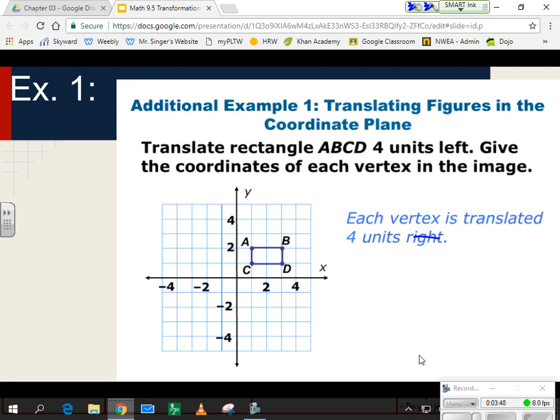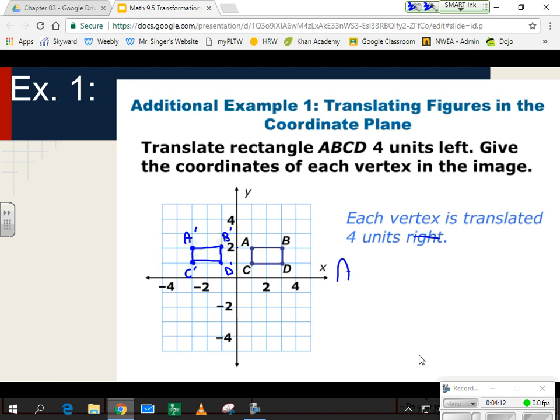So if we go to the left, A 4 times, 1, 2, 3, 4, this is A prime. B prime is going to move over 4 times, and it lands here. So that's B prime. C would move the same distance as A, just 1 down. That's C prime. And D would be right under B at D prime. So then you connect the dots.